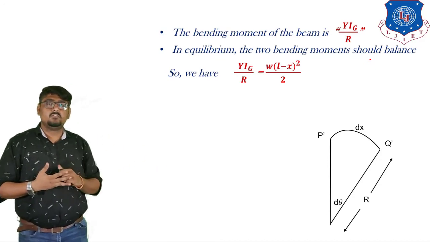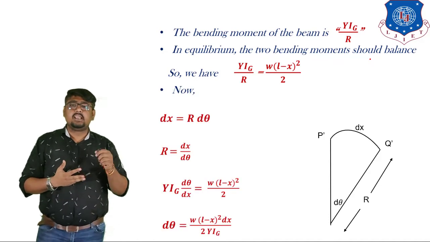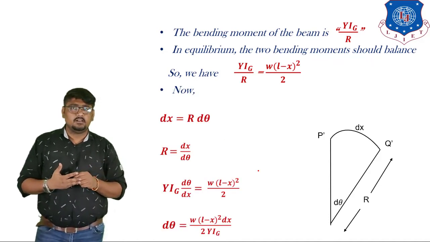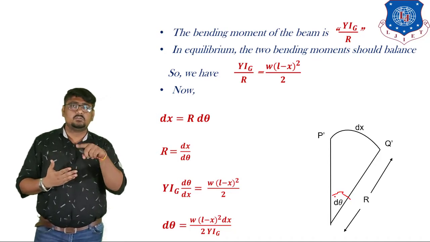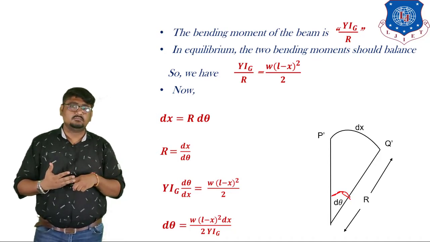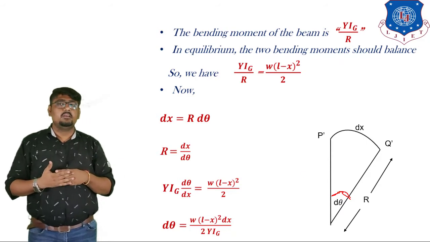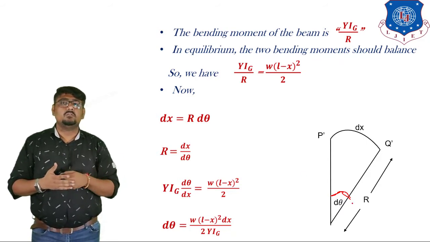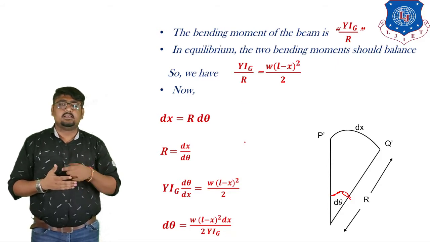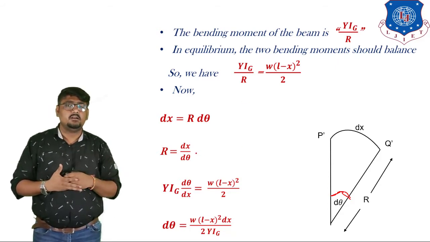Now, looking closely at the figure, we have dx equals R d theta. That dx is the arc. Arc is equal to radius multiplied by the angle. So from this geometry, dx equals R d theta. Making R the subject, R equals dx by d theta.